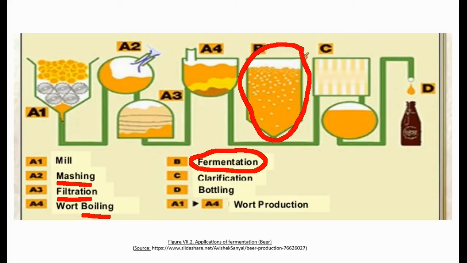Yeasts are used to do fermentation. They're going to use up the sugar, which is within the cereals, and CO2 and ethanol will be produced. So the CO2 will give this bubble effect to beer, and the ethanol will have, well, two purposes. The first one is drunkenness.